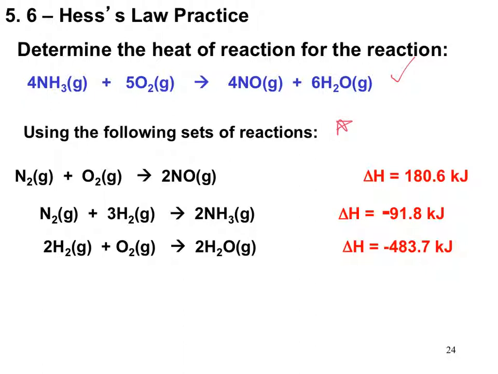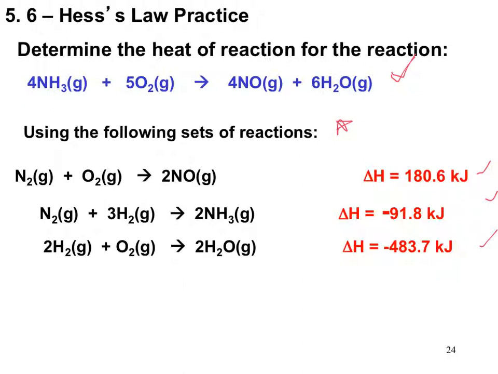Now, you need to make sure that the set of equations you have here have the appropriate coefficient values as well as are on the correct side of the arrow.